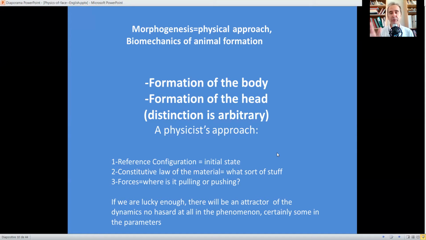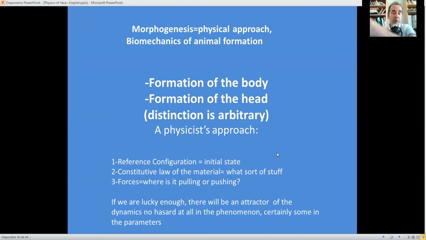Now, once you know the reference configuration and the kind of stuff, you need to know why it deforms. If it deforms, it's because there are forces inside it. So what are the forces acting in the mass? What is pulling, what is pushing, etc. Once you have found 1, 2, 3, the thing unfolds.